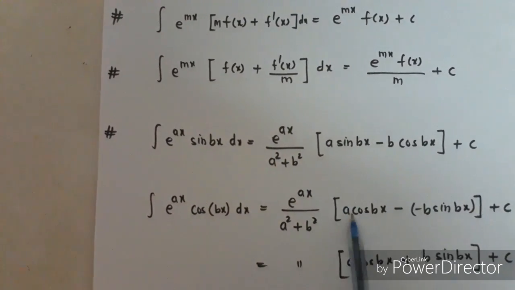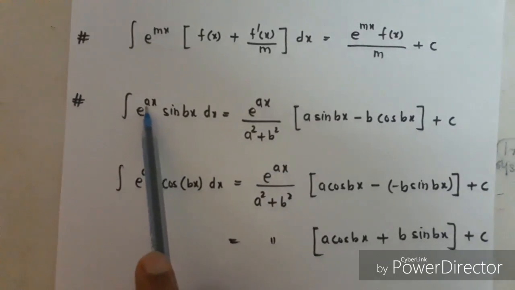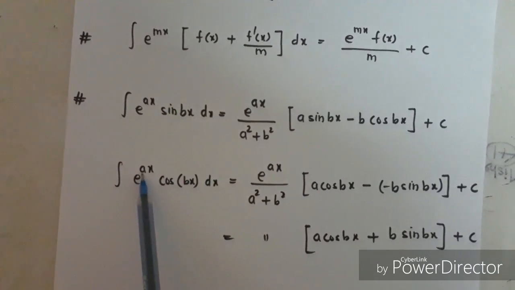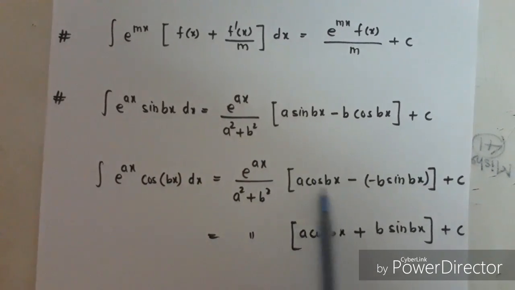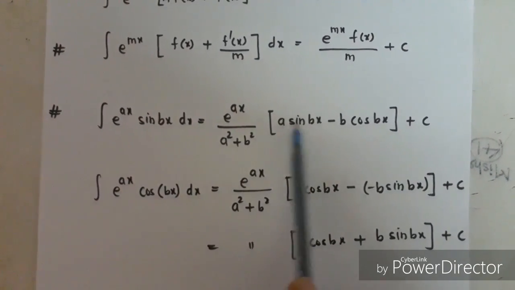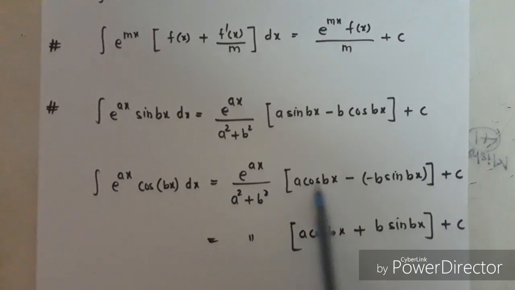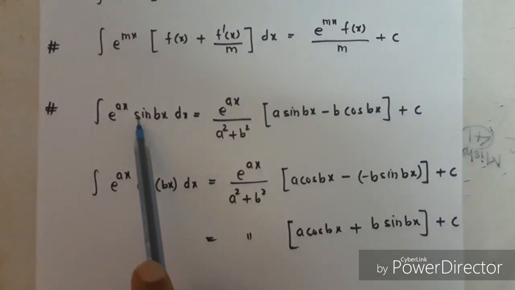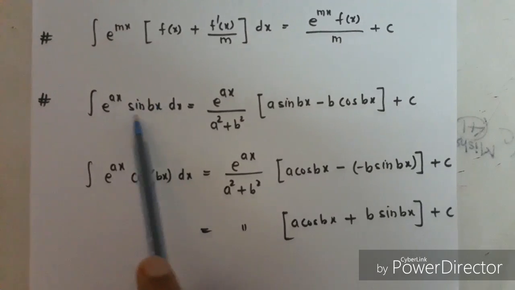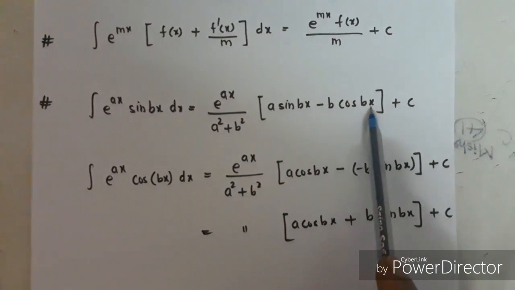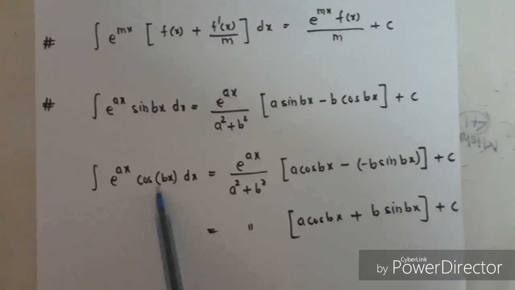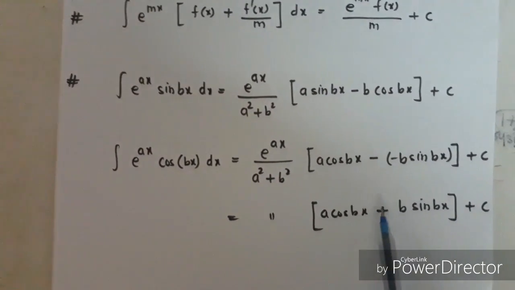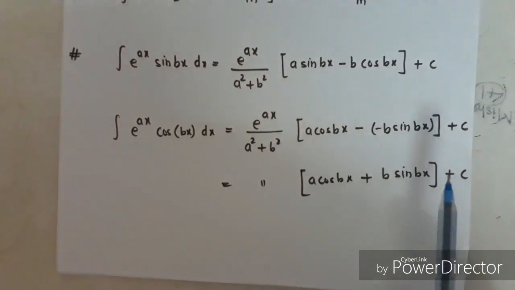Then in the bracket we have a into sin bx here, and a into cos bx here. Then minus sign to derivative of this term sin bx, derivative is b cos bx. Derivative of cos bx is minus b sin bx, which on simplification becomes this.